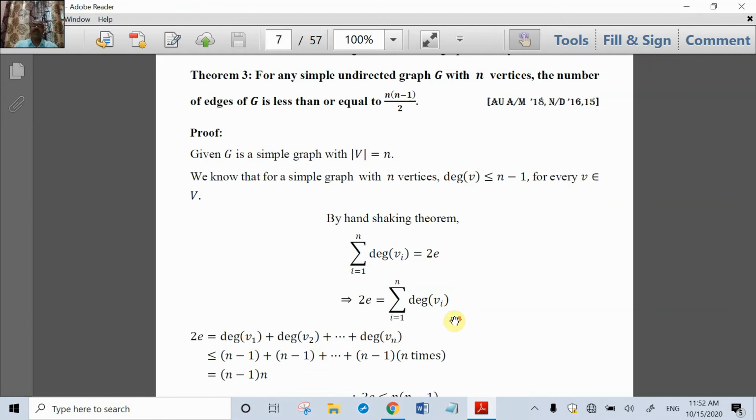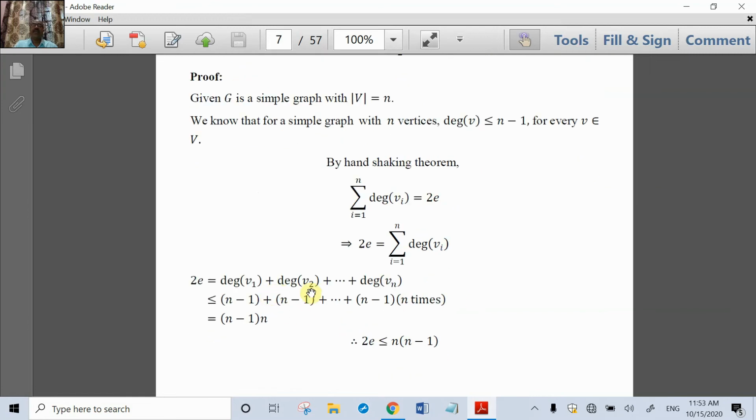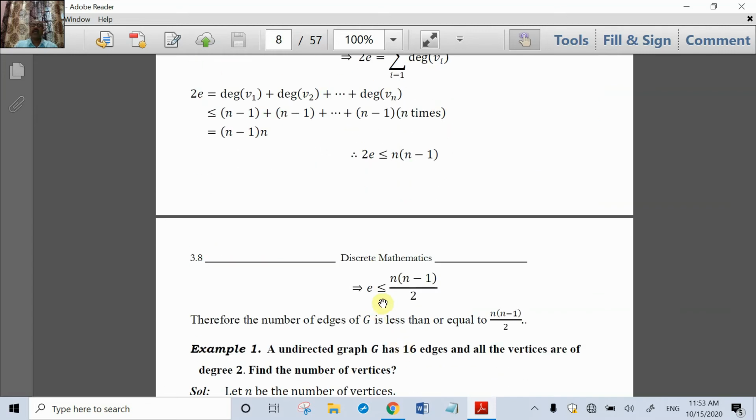Therefore, 2e equals degree of v1 plus degree of v2 plus up to degree of vn. All are less than or equal to n minus 1. The number of vertices is n. Therefore, 2e is less than or equal to n times n minus 1. Therefore, e is less than or equal to n times n minus 1 by 2, where e is the number of edges.